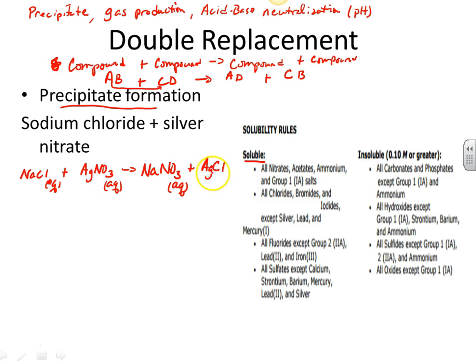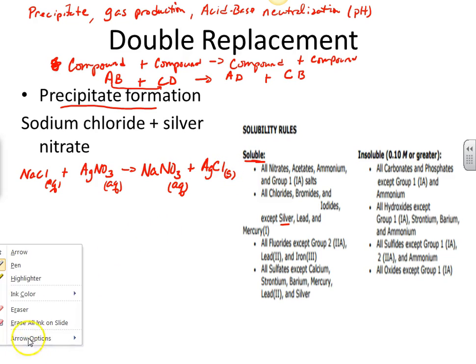Then we've got silver chloride. Bullet number 2, all chlorides, bromides, and iodides are soluble, except silver, lead, and mercury 1. So here we've got silver chloride, and that is on our list of chlorides that are not soluble. So this is a solid.